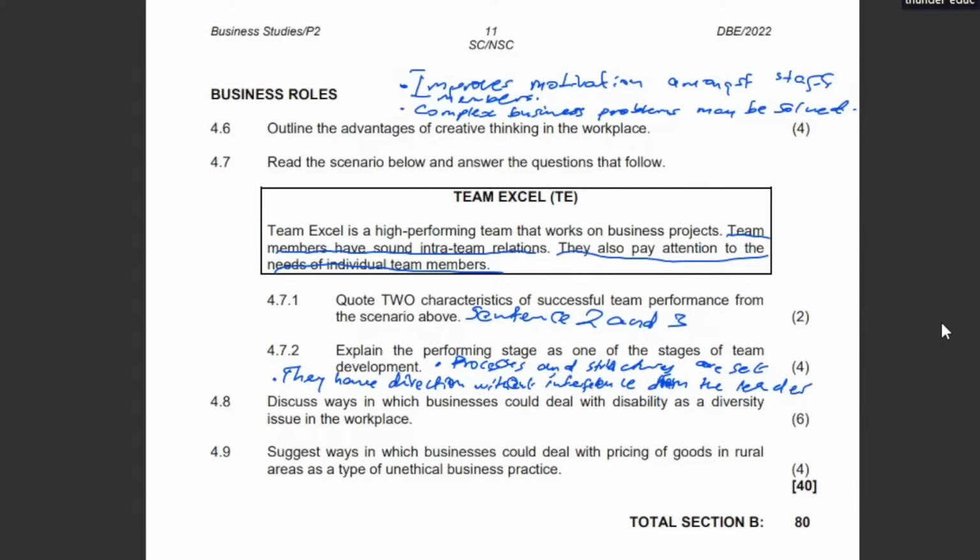They have directions without interference from the leader. So now let's check our 4.8. 4.8 reads as follows.